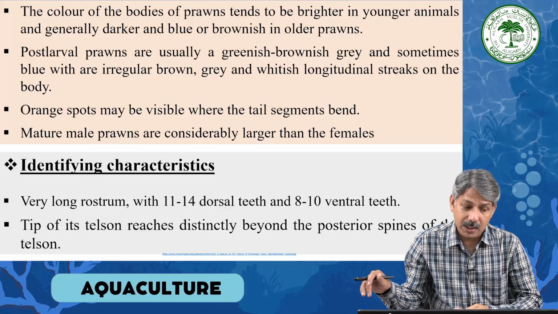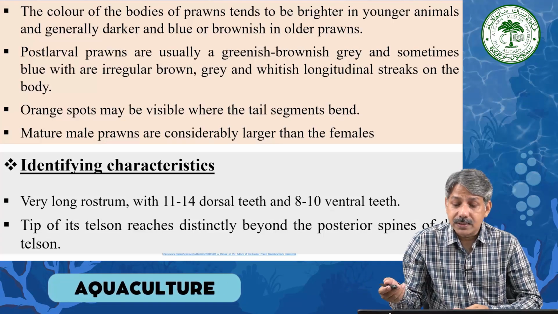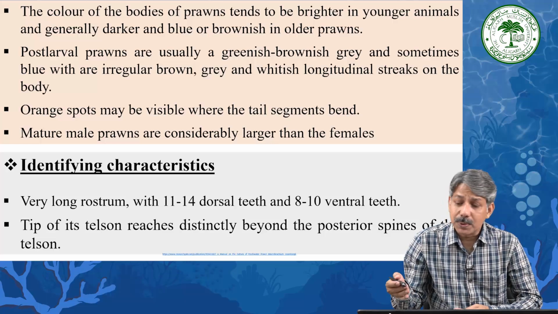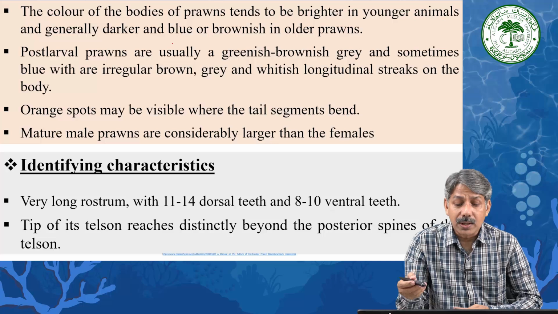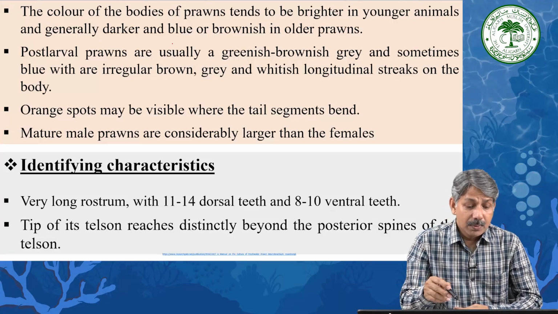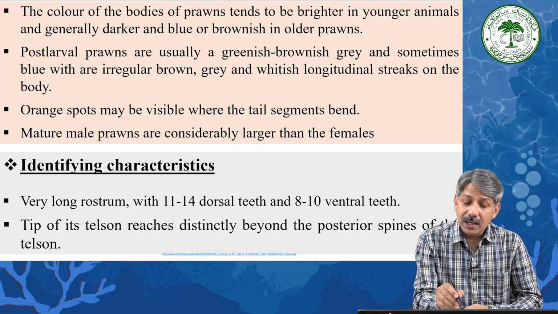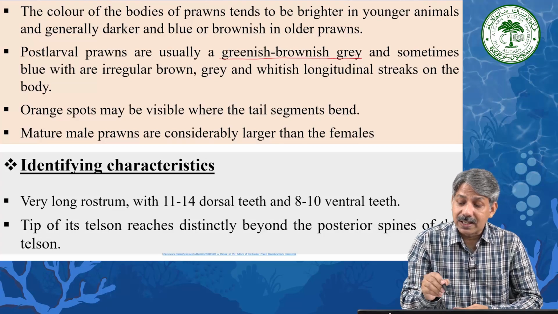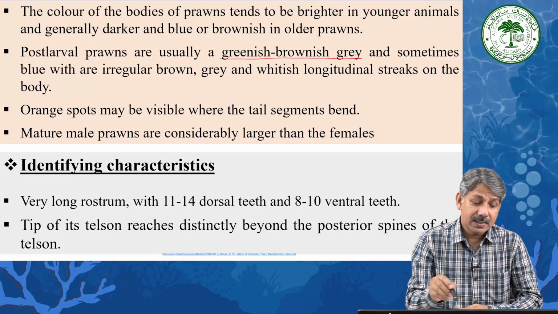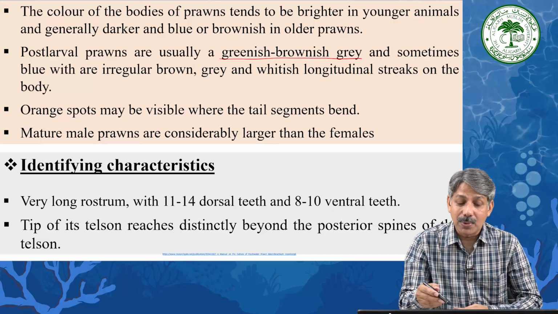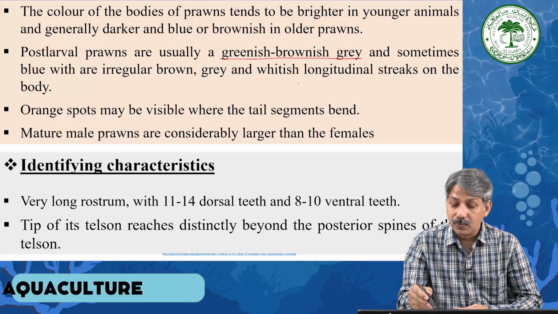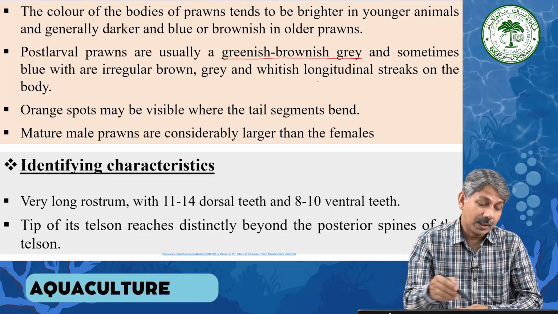The color of the body tends to be brighter in younger animals and generally darker, bluish or brownish, in older prawns. Post larval prawns usually have a greenish brownish gray coloration, whereas sometimes you can find them bluish with irregular brown or gray and whitish longitudinal streaks on the body.